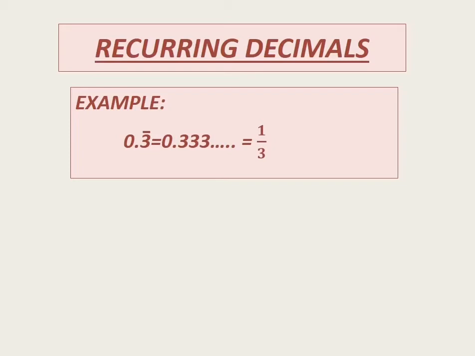And guys, recurring decimals are also rational numbers. Why? Because recurring decimals can be represented as the ratio of two integers, a over b, where a and b belong to integers. How? Guys, see, 0.3333 and so on is equal to 1 over 3, where 1 and 3 both are integers. So guys, these all are examples of rational numbers, right? Is it clear? What are rational numbers? I hope so.